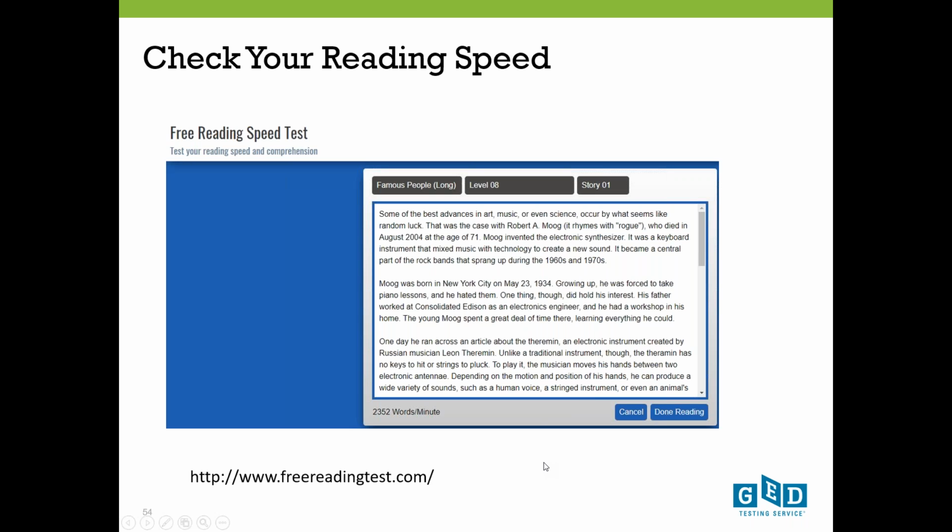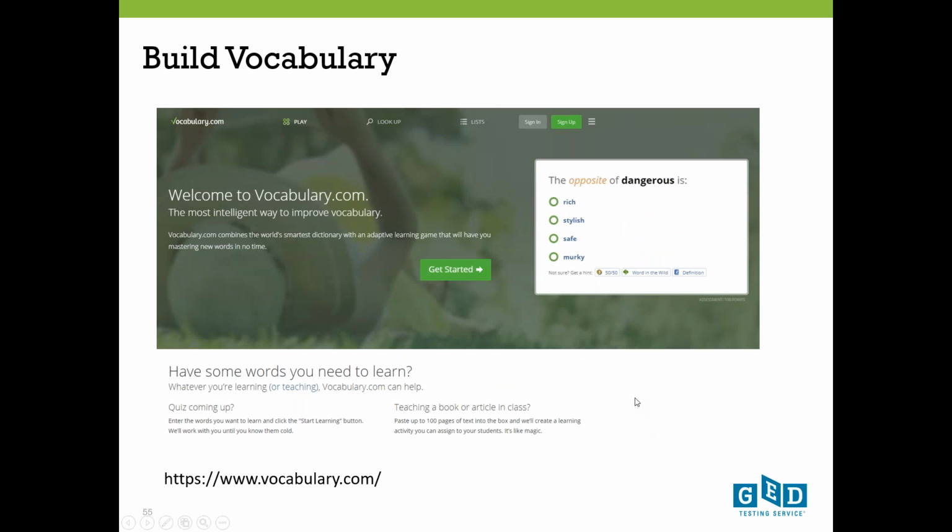So freereadingtest.com. The other thing you can do is, this is called vocabulary.com, and you can go in and work on building vocabulary. So if you've got a quiz coming up, you have some words to learn, there's a number of different things that you can do with this particular website.